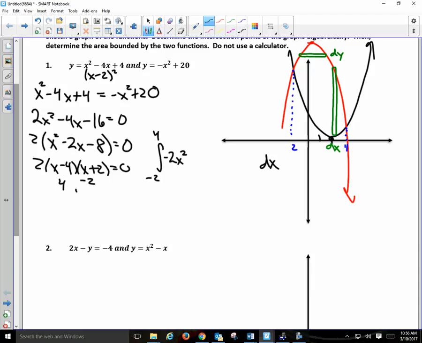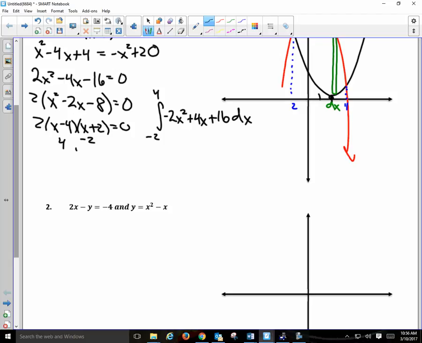And then if you have 0 minus negative 4x, you get a positive 4x. And 20 minus 4 would give me 16. I didn't write out the two functions and subtract them simply because I'm trying to conserve space here.